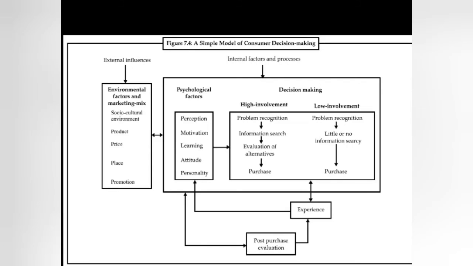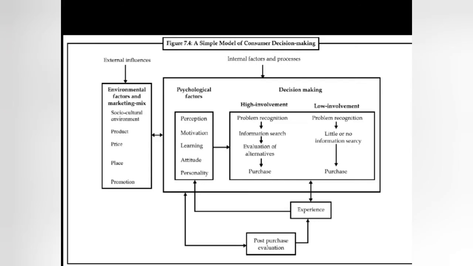Now, while making the decision, there is high involvement or low involvement. In high involvement, problem recognition is there, information search is more, evaluation of alternatives takes a longer amount of time, and finally the purchase is made. But in the case of low involvement, problem recognition is there, but there is very little or no information search, and finally the purchase is made.